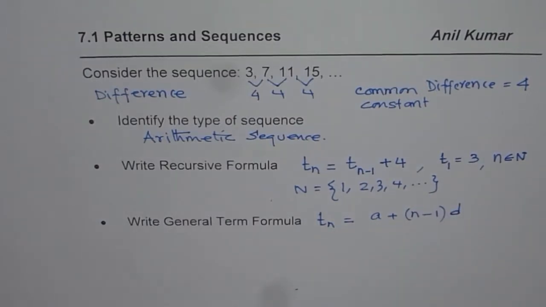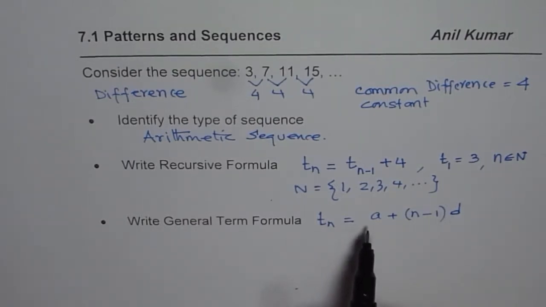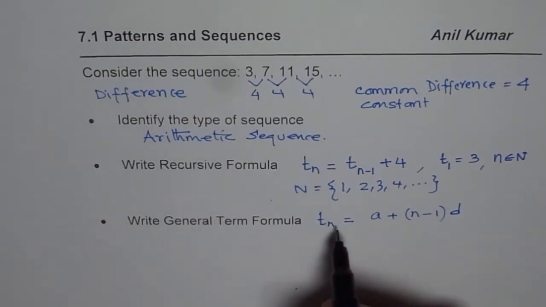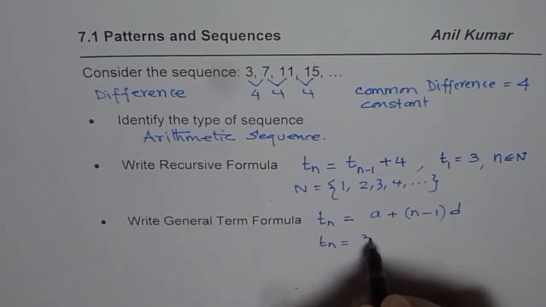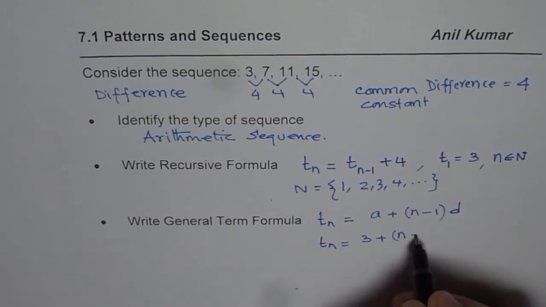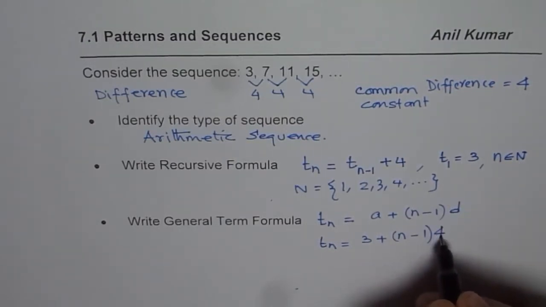That is a standard equation which can always be used to find general term in case of arithmetic sequence. In our case, we know a is 3. So Tn equals 3 plus n minus 1 times d. d is 4, so multiply by 4.